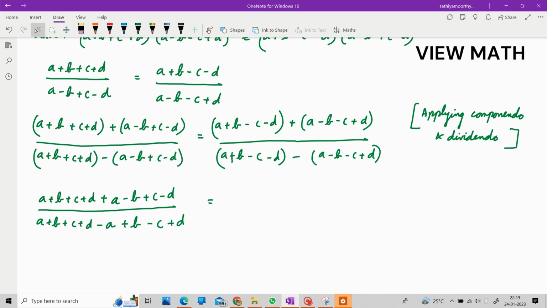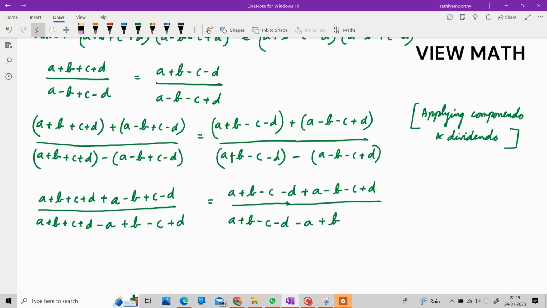This is equal to a + b − c − d plus positive, so I am writing as it is, a − b − c + d, divided by the denominator a + b − c − d, the negative term I multiply inside: minus a, minus into minus is plus b, minus into minus is plus c and minus d.